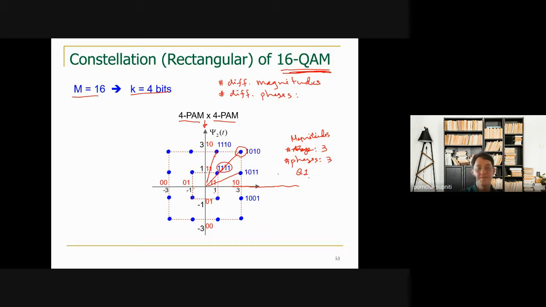And then how about Q2? If you look at all four quadrants, the magnitudes will be the same as in Q1, and the magnitudes in Q3 and Q4 are also the same.